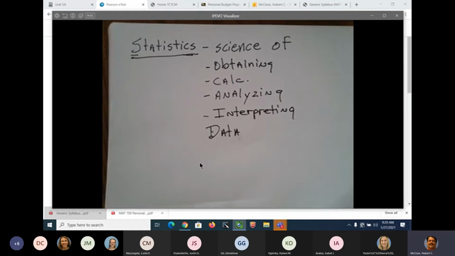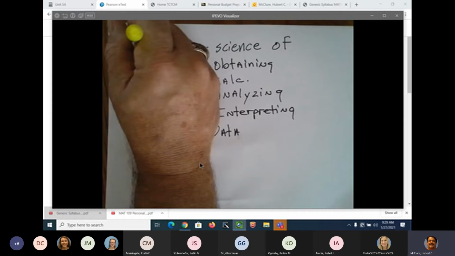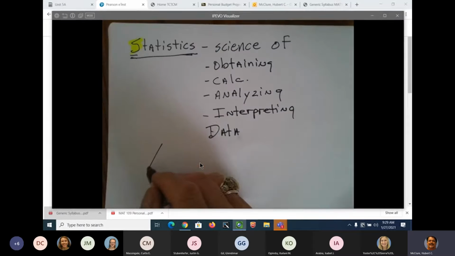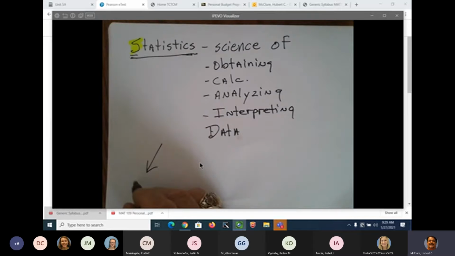Now I'm going to take a highlighter and highlight that S because it's a capital S. Lowercase statistics is divided up into two groups. One is the population, and the other is the sample.